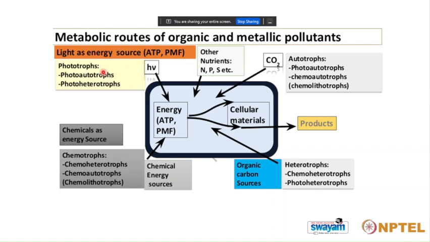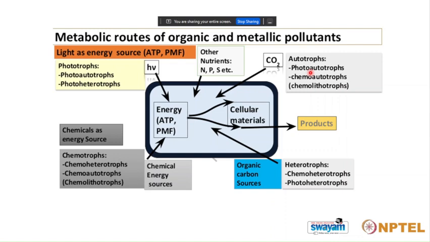So basically, organisms can be classified as phototrophs, autotrophs, chemotrophs, and heterotrophs. The phototrophs can be classified into photoautotrophs and photoheterotrophs, and these phototrophs basically use light energy to generate ATP and PMF, which are energy reserves.